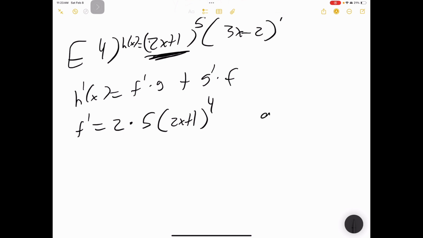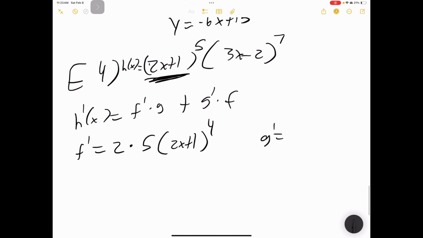Our g prime is going to be the derivative of that second piece, which is going to be 3 times 7 (3x minus 2) to the 6th.